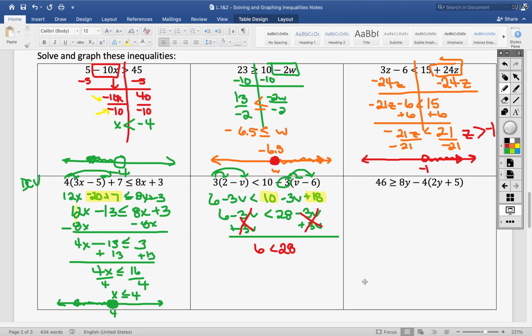So my question to you is, is this a true statement? Well, yes, 6 is absolutely less than 28. So when it is a true statement, then it is all real numbers.